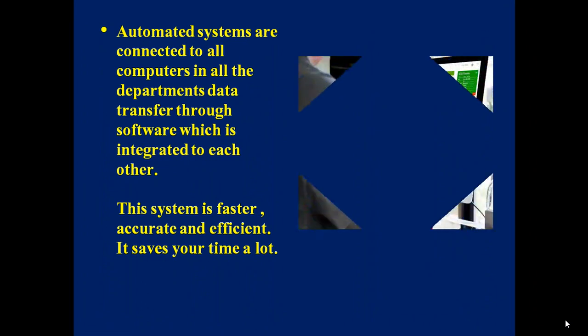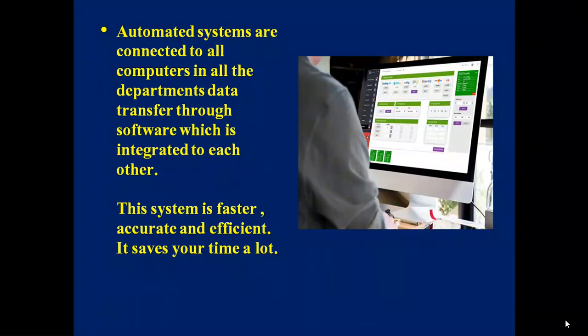Now we'll see how a hotel operates fully automated systems with the help of computers. The automated systems are connected to all computers in all the departments, and data is transferred through software which is integrated to each other. Like I have mentioned, each and every department is connected through the internet and integrated through a particular software, maybe property management system software or any other software.